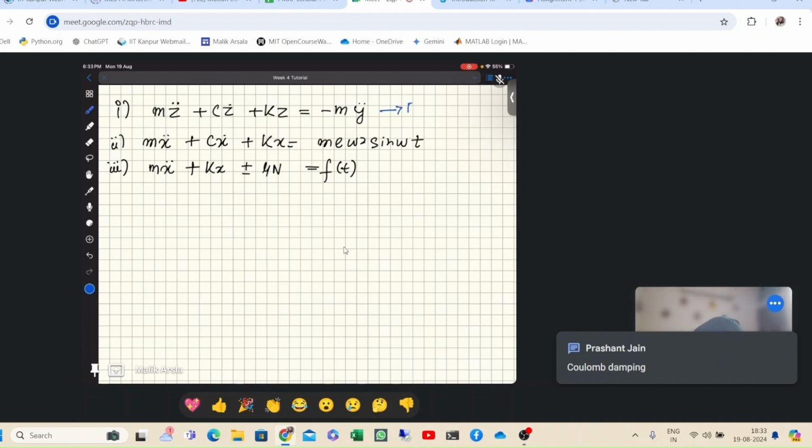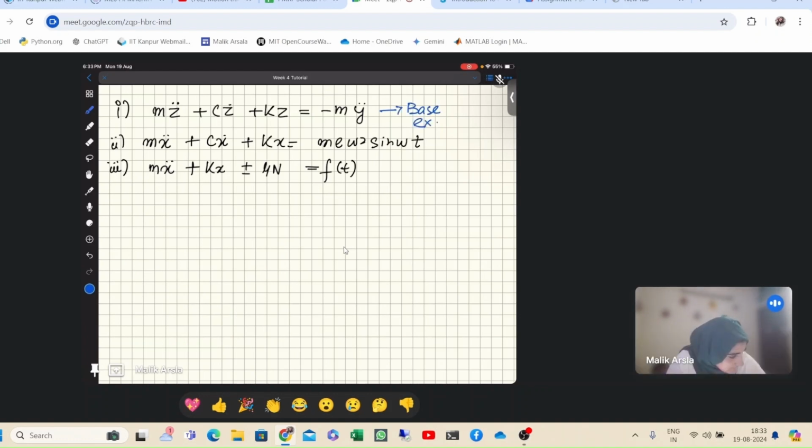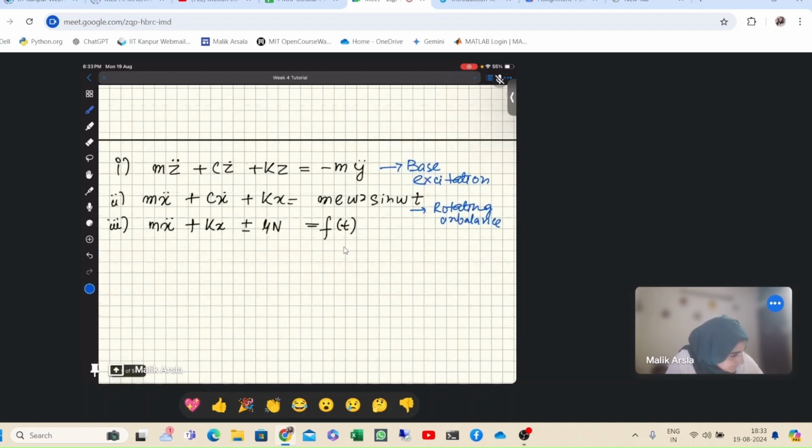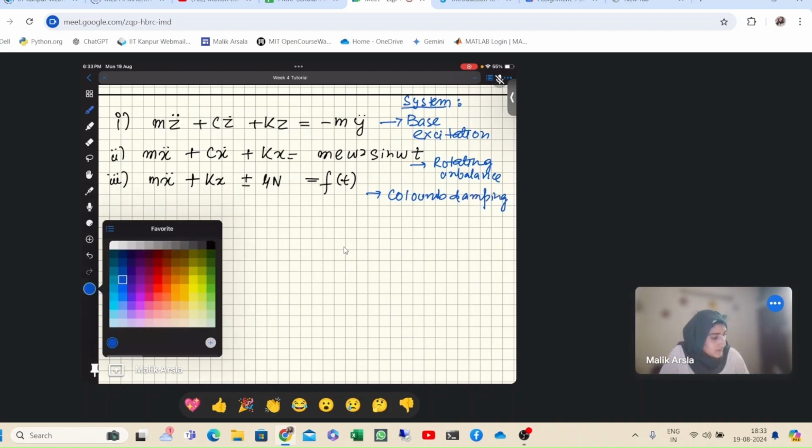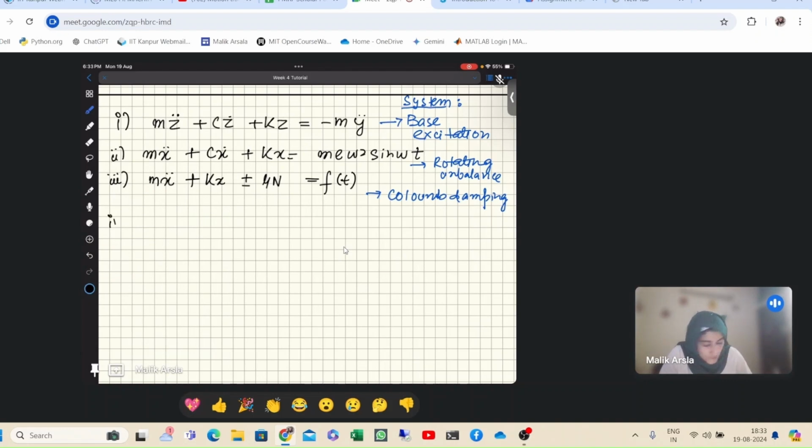Okay, let me write it down. This one is for base excitation. This one is for rotating unbalance. This one is for Coulomb damping. Now for the fourth one, that is pretty simple.